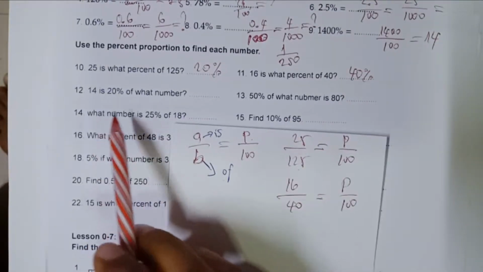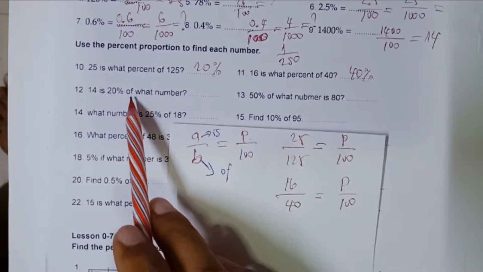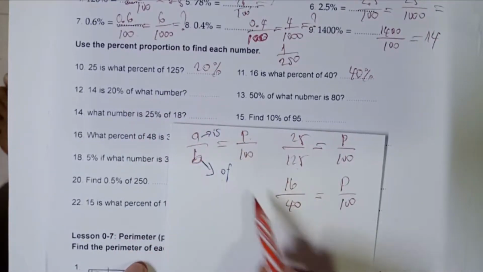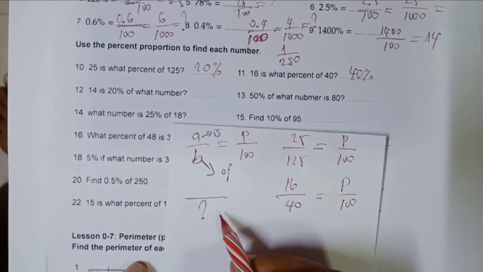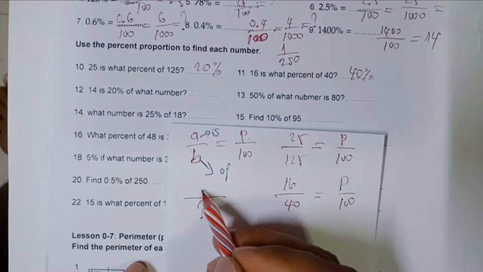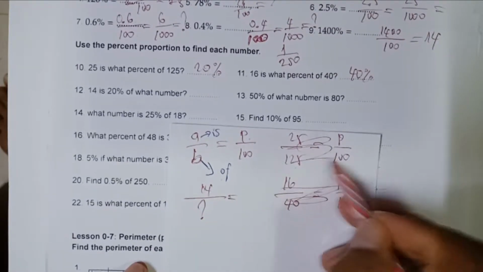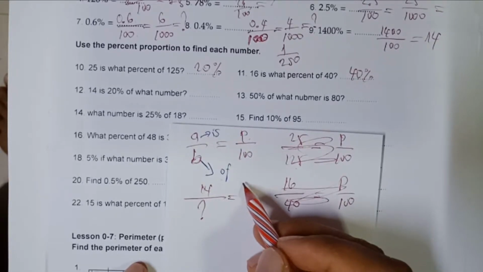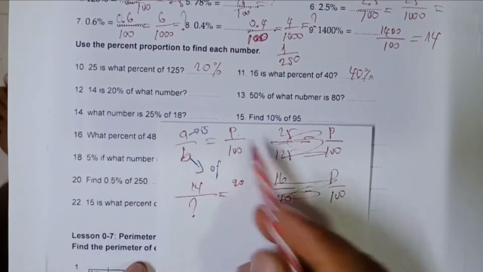Number 12. The number is missing, and which number is it? The off number is missing. Off. So the denominator is missing. So you have a question mark down here, and then you have 14 up, and this is equal to p percent, which in this case is 20 for number 12. 20 over 100.